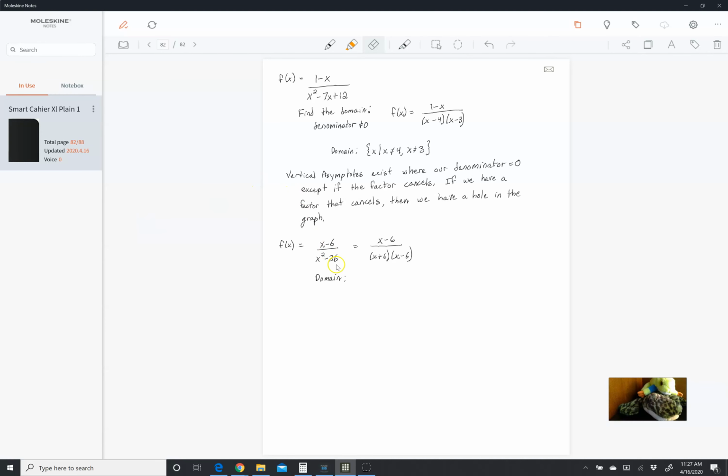So our domain is still that x can't be 6 and x can't be negative 6. If you remember, when we were talking about domains with rational functions, we said do it before you cancel anything. So we would cancel x minus 6, we still get an x plus 6 in the denominator.